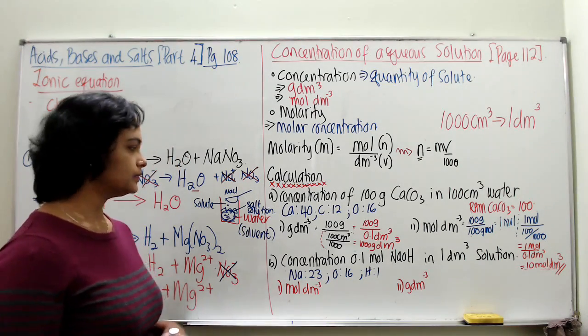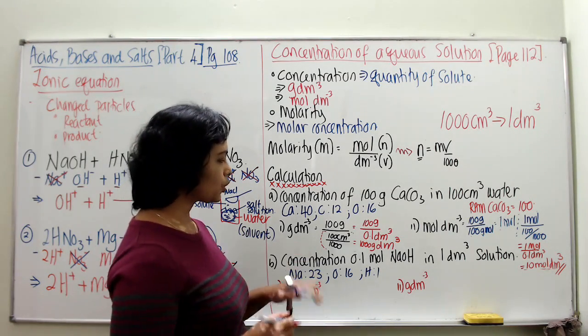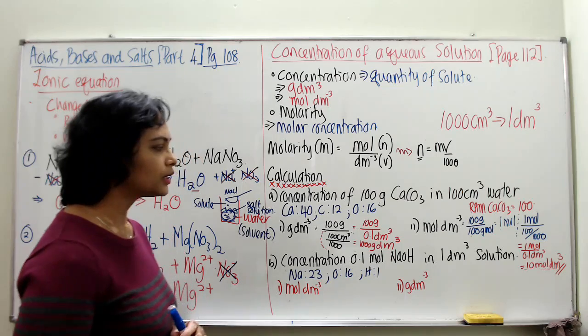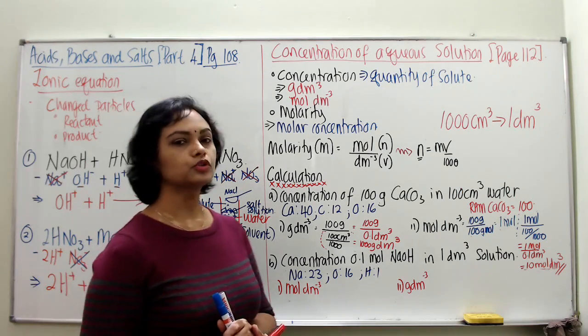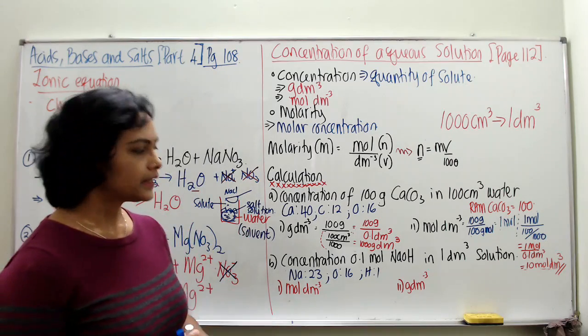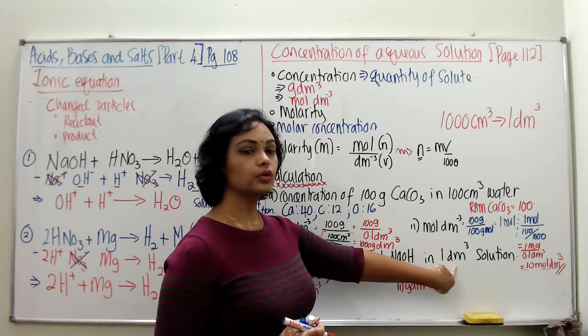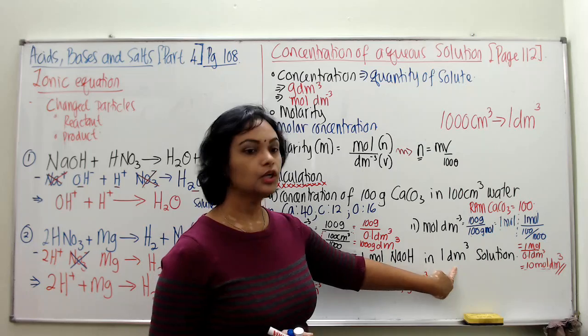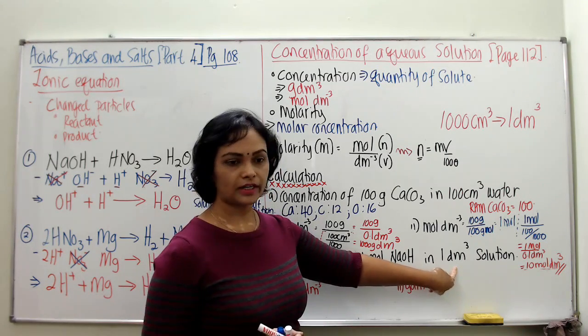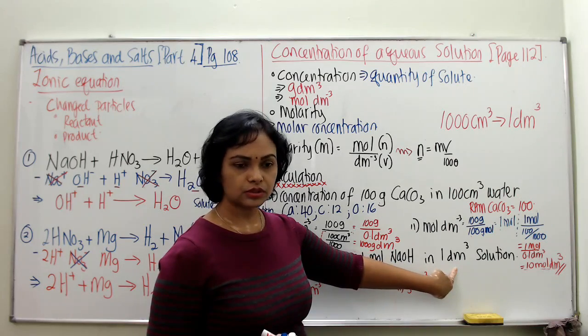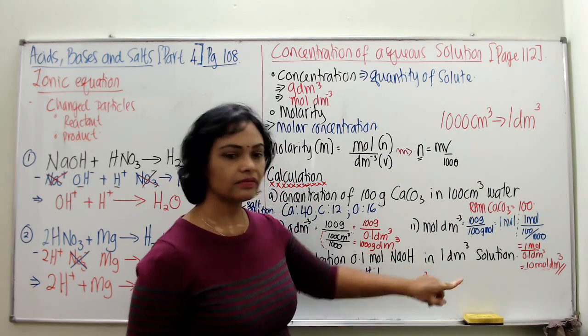So concentration. Find the concentration of 0.1 mole sodium hydroxide in 1 dm cube solution. Okay guys, you see here. Here teacher already straight away give you 1 dm cube solution. So you don't have to susah payah. Okay, you don't have to sweat to go and find divide with 1000, no need. Why? Because it is already given in the form of dm cube.